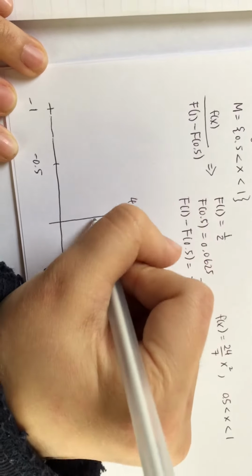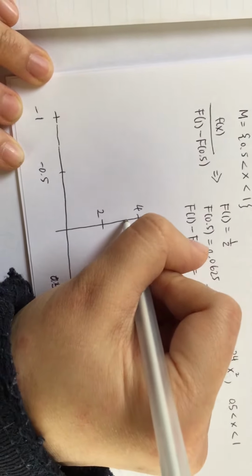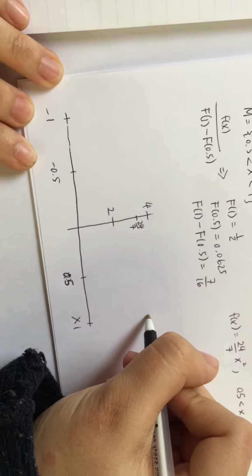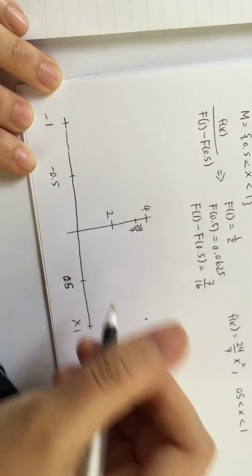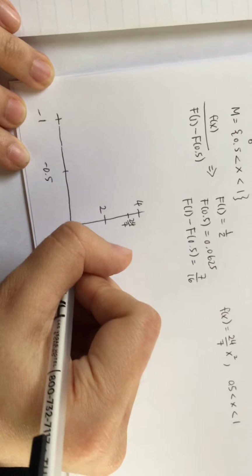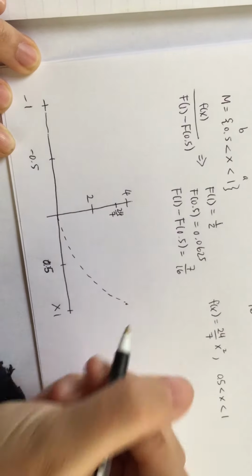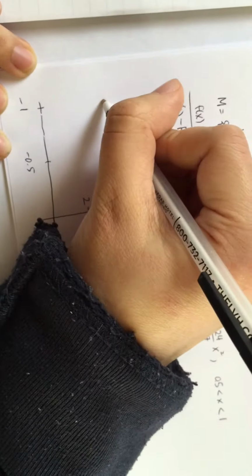So this is 4, this is 2. 24/7 is about here. So at 1, this is where it would be. And then same here.